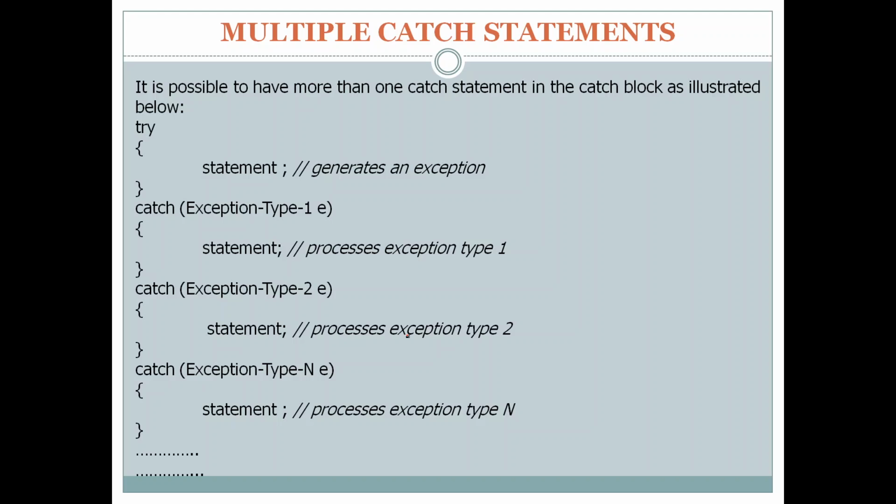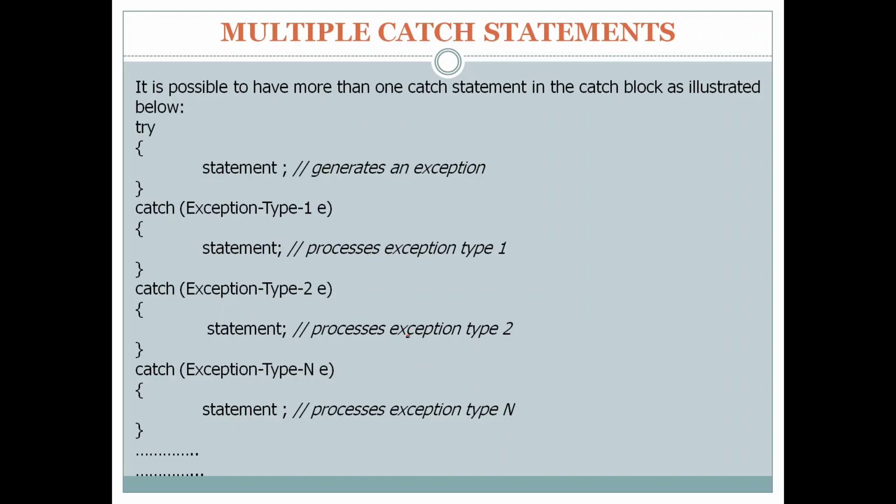They may generate multiple different types of exception, so it is important to handle all of those different types separately. If a block of statements generates 3 exceptions, these 3 exceptions need to be handled separately, and that is the reason we can have multiple catch blocks in the program.